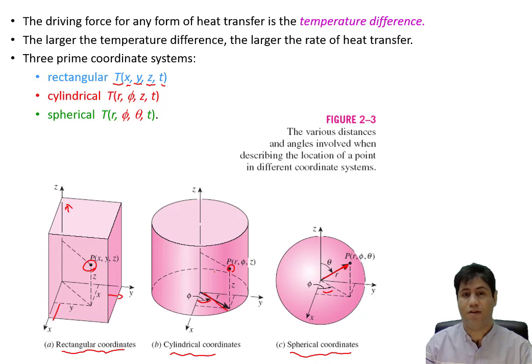So based on the shape of the object or medium, we can use each one of these coordinate systems. So we know that heat transfer is a vector quantity, with magnitude and direction, and we can use three coordinate systems to show the direction of the heat transfer.